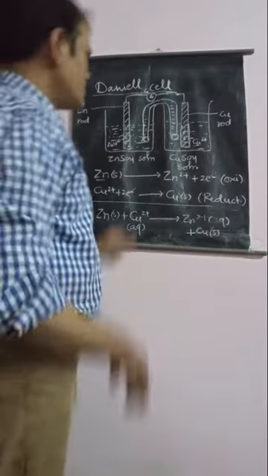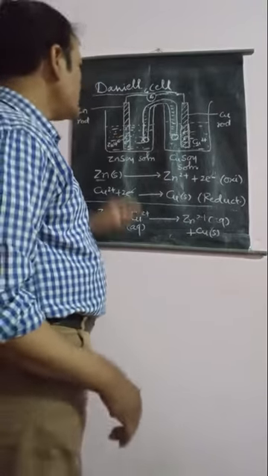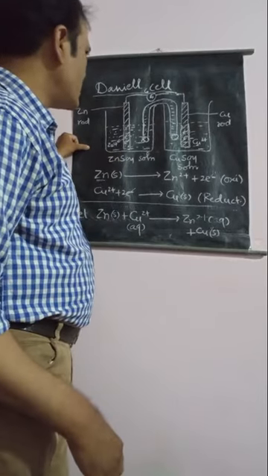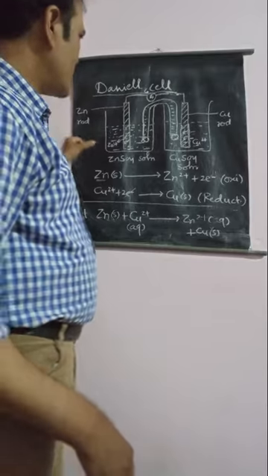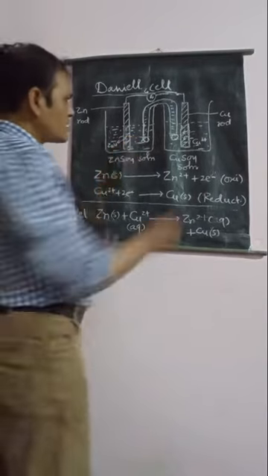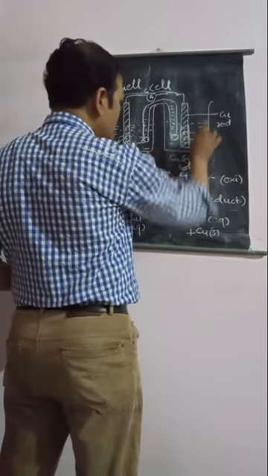So this is the function of the electrodes we are looking at here. Now in this particular case, the concentration of zinc is increasing in the solution, and the concentration of copper ions is decreasing in the copper sulfate solution.